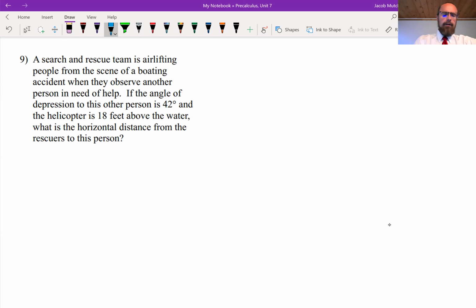I always draw a diagram to begin. So this is at sea, so we're going to put the ocean in there. And we've got a helicopter, our search and rescue team.